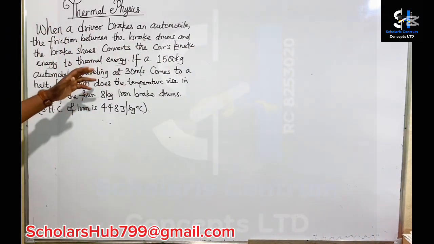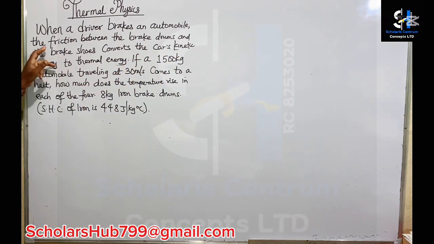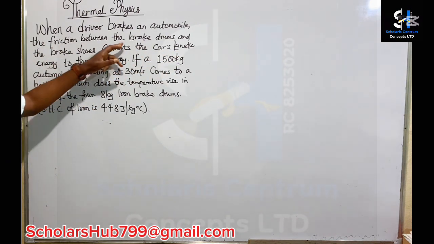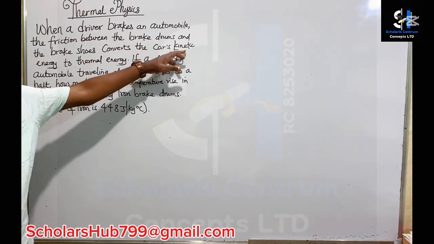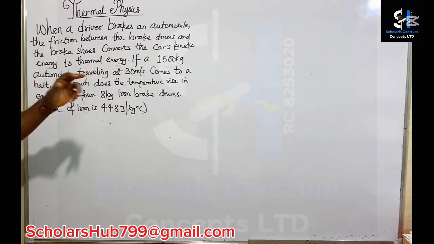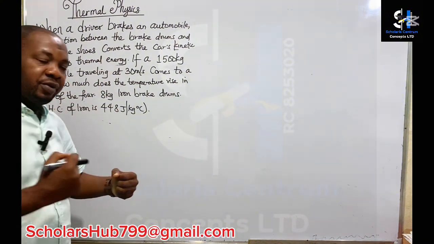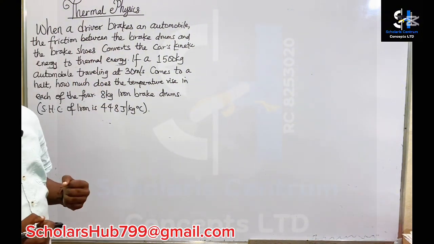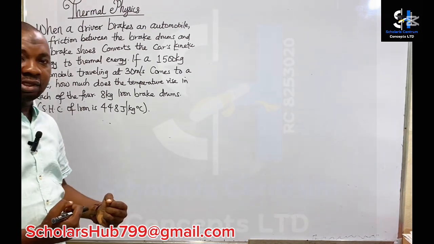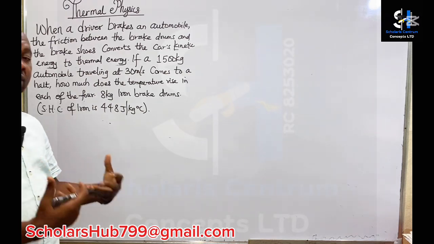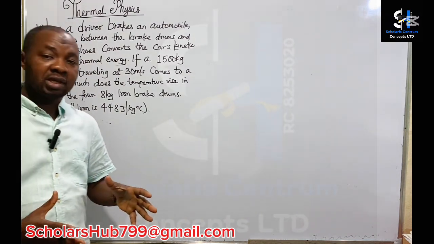Now, because the friction between the brake drums and the brake shoe converts the car's kinetic energy to thermal energy, because the moving parts generate heat, the energy transformation is from kinetic energy to thermal energy. So the first thing is to calculate the kinetic energy.